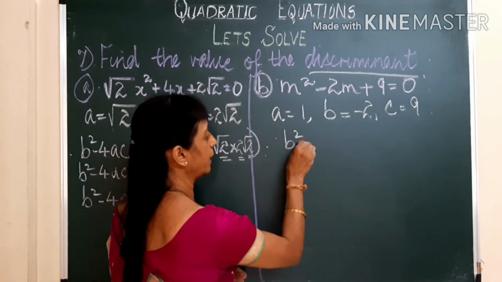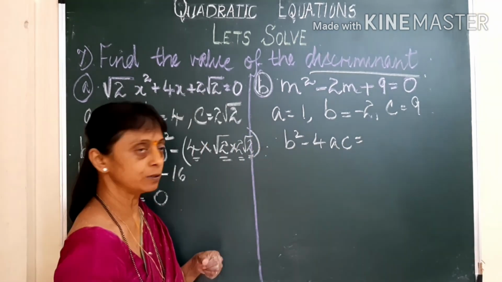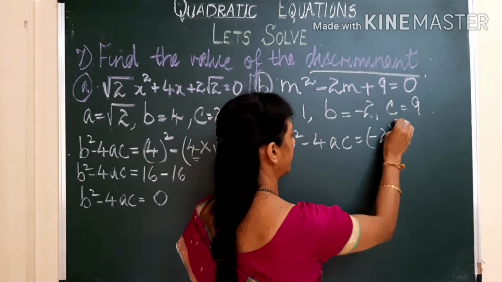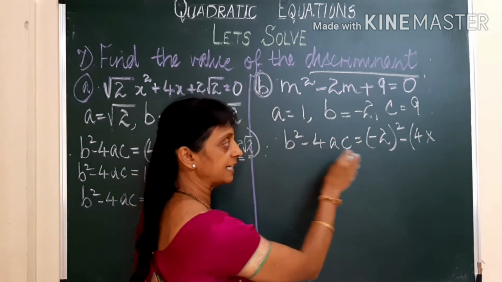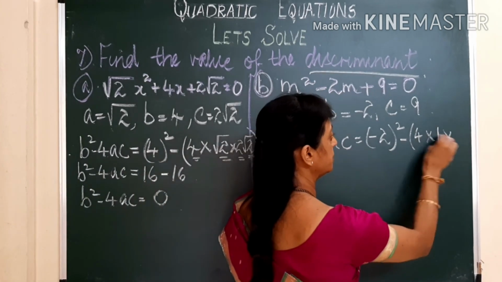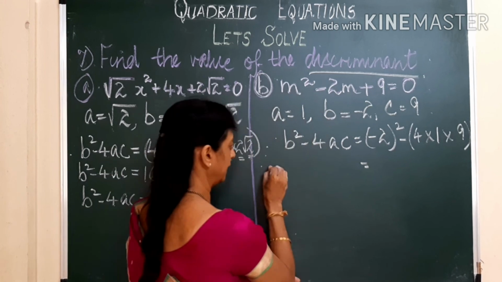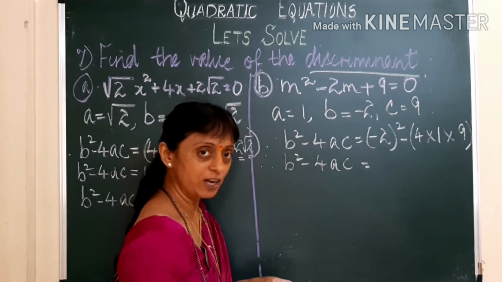Therefore, b square minus 4ac will be equal to, let's substitute. What is b? Minus 2. So minus 2 square minus 4 into a, that is 1, into c, that is 9.